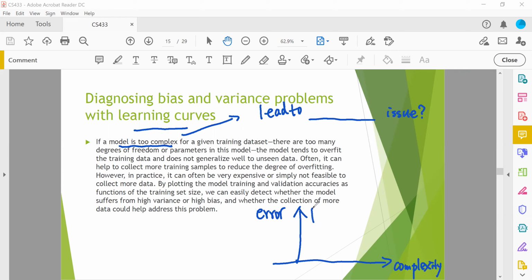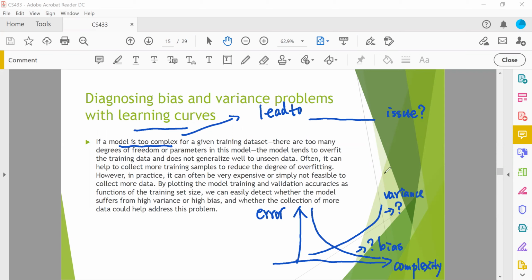Do you remember we have this curve and this curve? What is this regarding? Previously, we discussed this is regarding bias, and the other one is regarding variance.